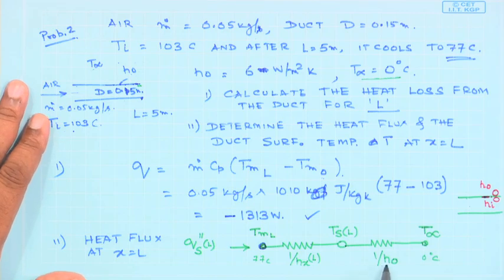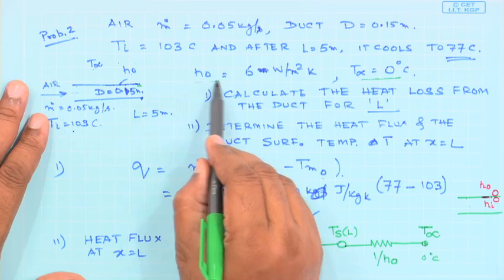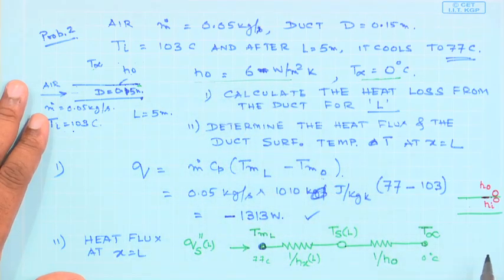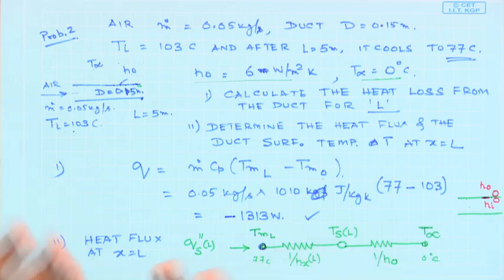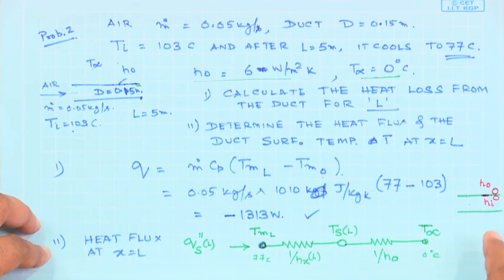We know the value of h o, which has already been provided as 6 watt per meter square Kelvin. So, I have a flow of current through these 2 resistances which are in series. That is all there is to the problem.